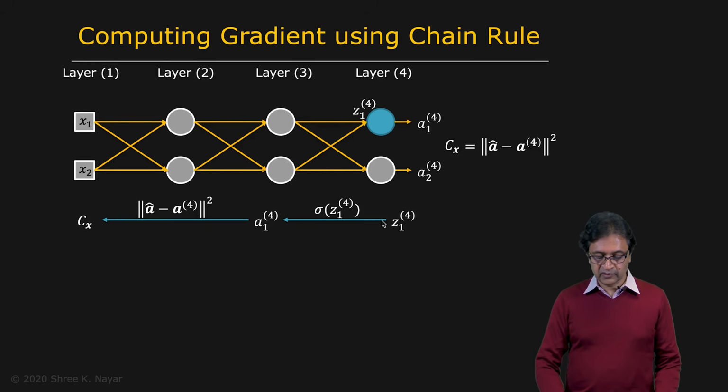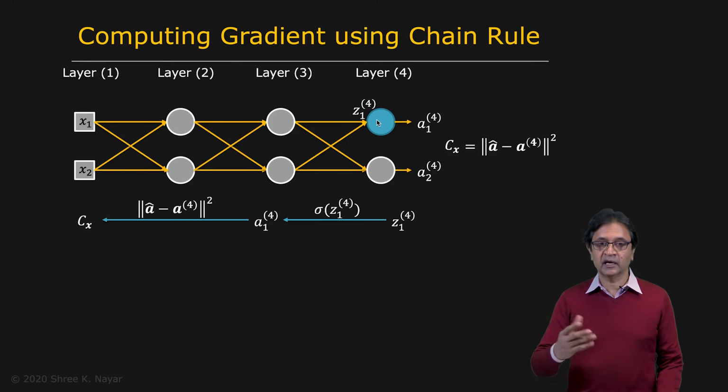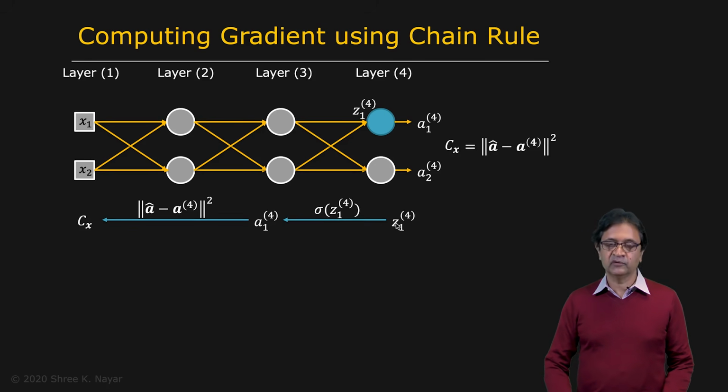A14 depends on Z14, we know that. The relationship is established by the activation function, which in the case of a sigmoid neuron is the sigmoid function, so it's sigma of Z14. And what does Z14 depend on?